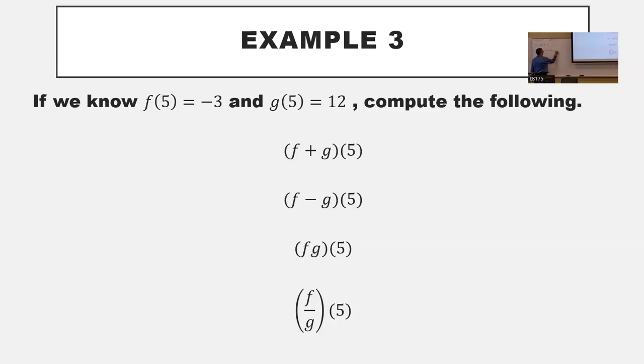That's a -15. If I were doing F multiplied times G of 5, all I'd have to do is multiply -3 times 12. And that would give me a -36.